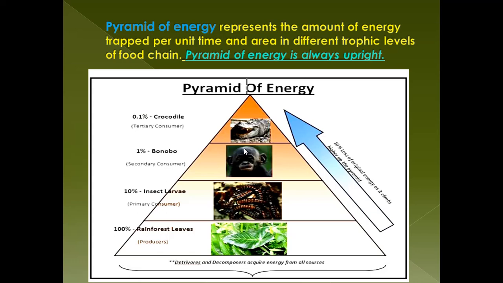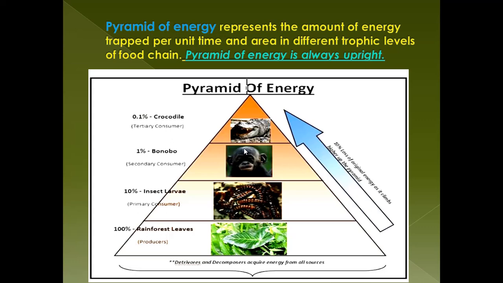So the total energy at this trophic level, the secondary consumer, will be just 1% of the total. Not biomass, sorry, it is the energy present at this level. The energy present at the secondary consumer level is just 1% of the total energy in the producers, and of course it is 10% of that present in the primary consumers.